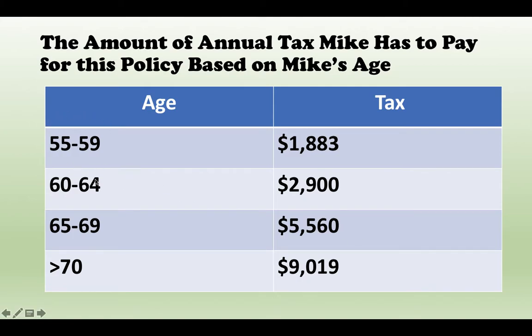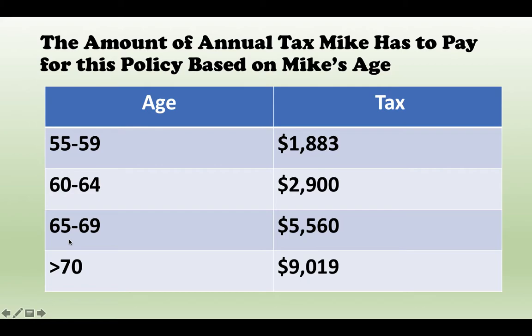Say Mike's age is between 55 and 59, the amount of tax he has to pay on this policy is $1,883. If his age is between 60 and 64, the amount of tax he pays on this policy is $2,900.